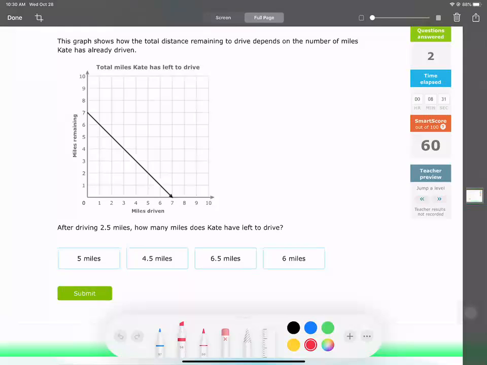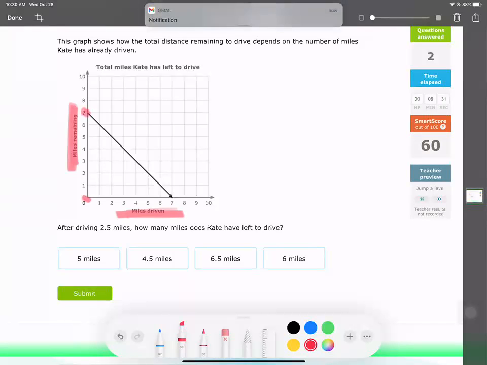So this graph, let's go back to it. This graph shows the total distance remaining versus how much I've driven, which makes sense, right? If I drove 0 miles, I have 7 miles remaining. If I drove 1 mile, I have 6 miles remaining. If I drove 2 miles, I have 5 miles remaining, because apparently the trip is 7 miles.